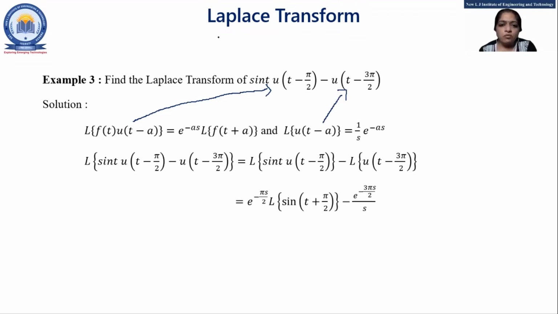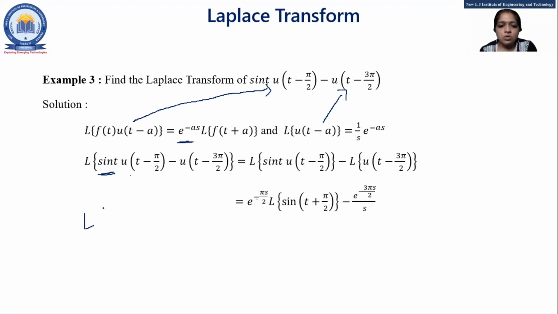So for the first term, our function is sin t, right? And our a is pi by 2. So as per this formula for this function, e raised to minus as, so e raised to minus pi by 2s, and Laplace of function of t plus a. So here our t plus a is what?